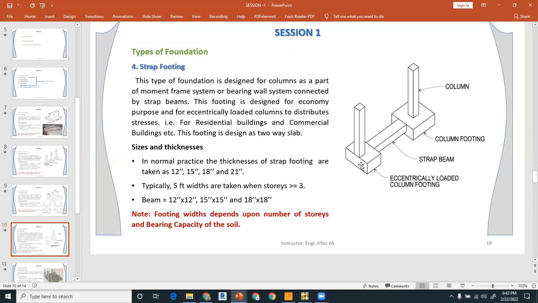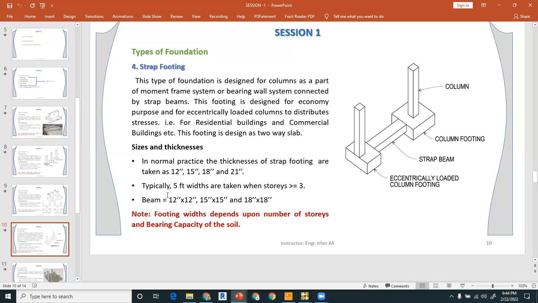This is just a simple example I have given you. And again, this footing is designed as a two-way slab, and this beam will be designed as a floor beam, or the beam which we normally design in our building structures, right? Remember that this beam should not be directly resting on the soil, because if it is directly resting on the soil, it will not transmit any stresses from one footing to the other footing, right? And again, the typical sizes are 12 inches and 15 inches for the thickness of the footing.